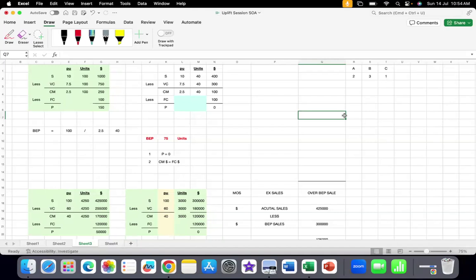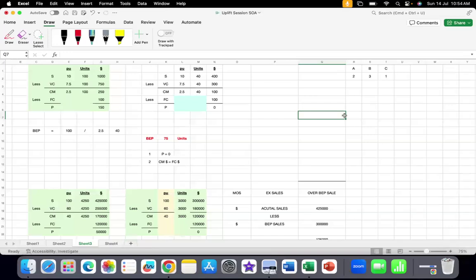The first scenario is where there is a single product, which is the cake. You calculate a break even point. The second scenario is where you have three products, and the ratio would be given to you, that 2 is to 3 is to 1 is the ratio of cake to cookies to pastries.